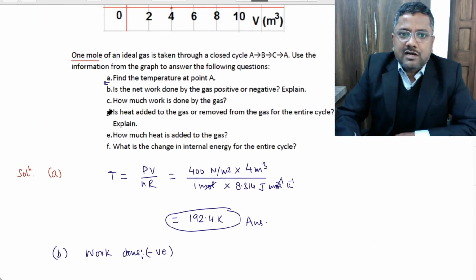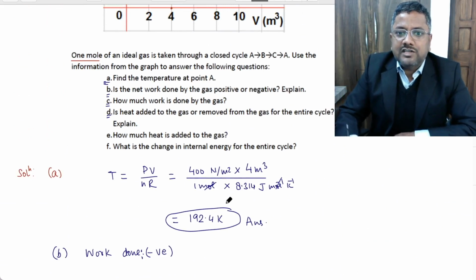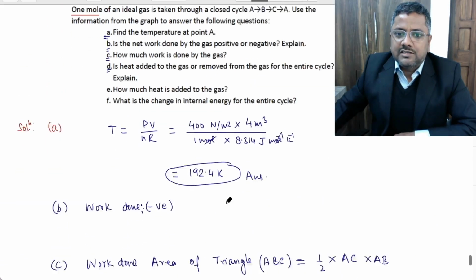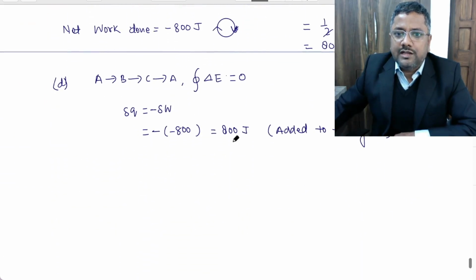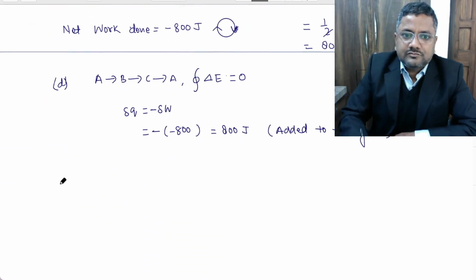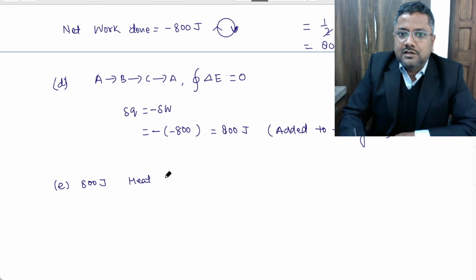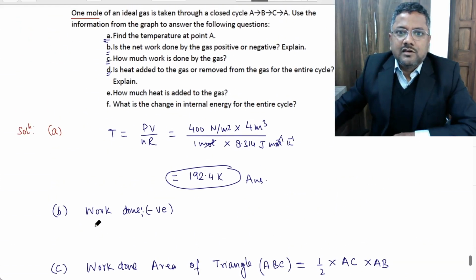This is D part. So we have answered A, B, C, and D. How much heat is added? So the answer is 800 joule heat is added. And next part is what is the change in energy for the entire cycle?